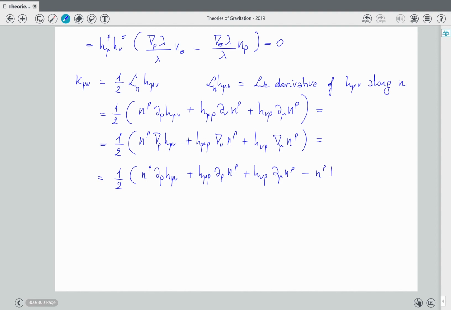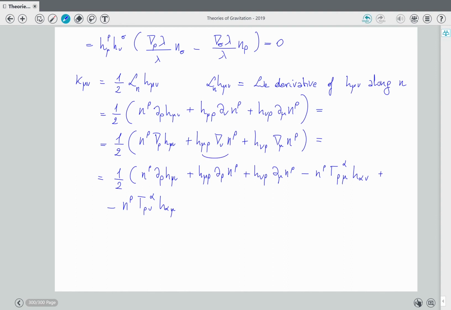In the first case you have minus n^rho Gamma^alpha_{rho mu} h_{alpha nu} minus n^rho Gamma^alpha_{rho nu} h_{alpha mu}.